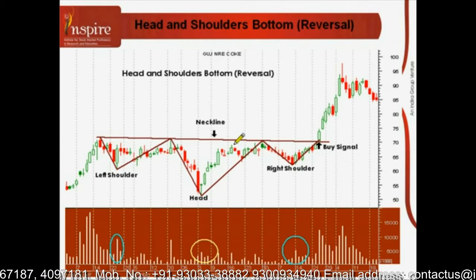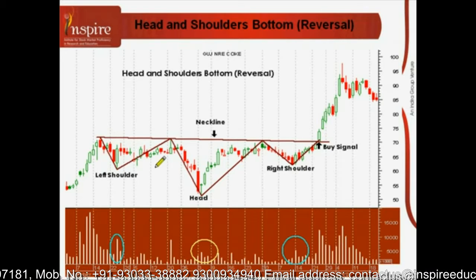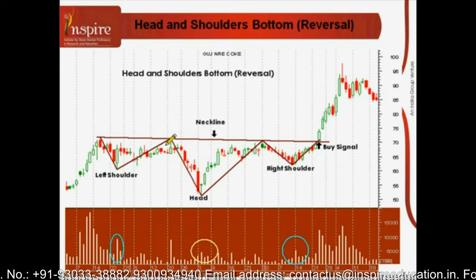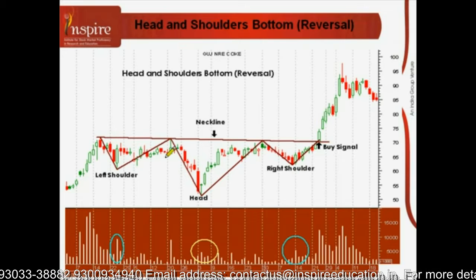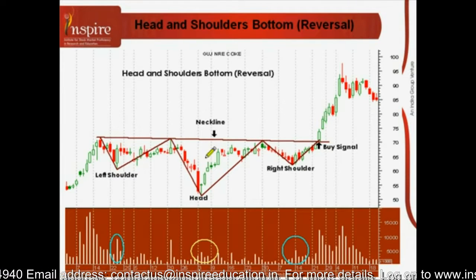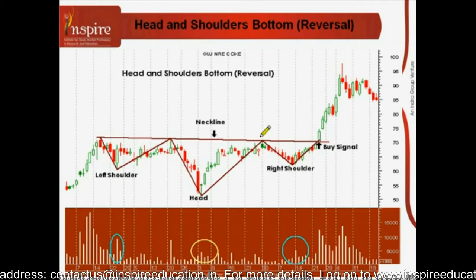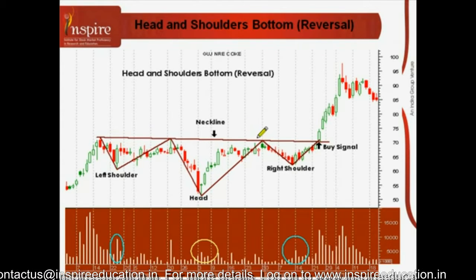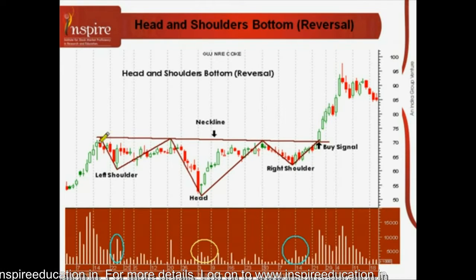It is formed by connecting the two high points of the formation: first at the end of the left shoulder, this point, and second at the end of the head. Connecting these two points forms the neckline, and the neckline always slopes downwards.